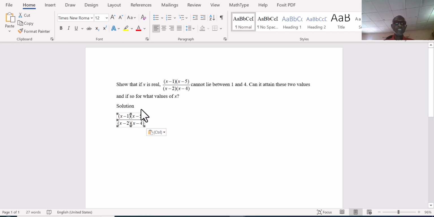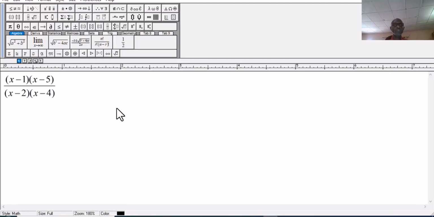So let's take this expression and let it be equal to k. If we simplify this, it gives us (x squared minus 6x plus 5) all over (x squared minus 6x plus 8) equals k.